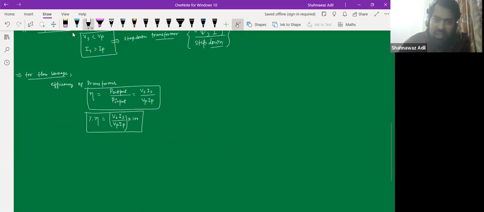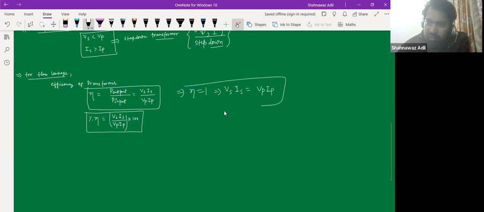You can also see that if the efficiency is 1, meaning there is no flux leakage, then power in equals power out. So let us do some questions.